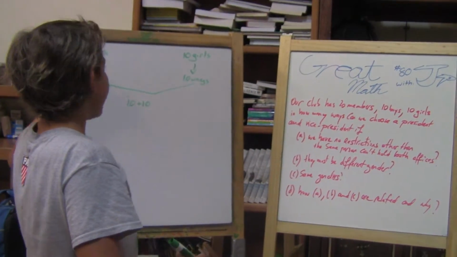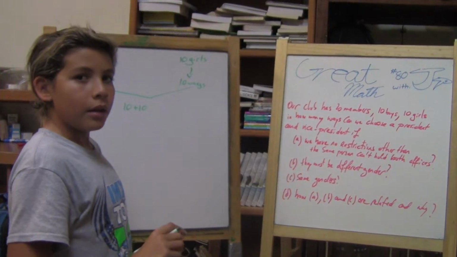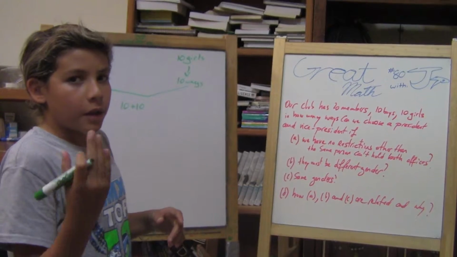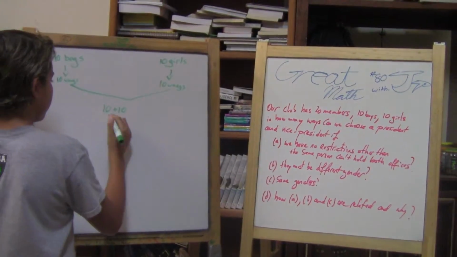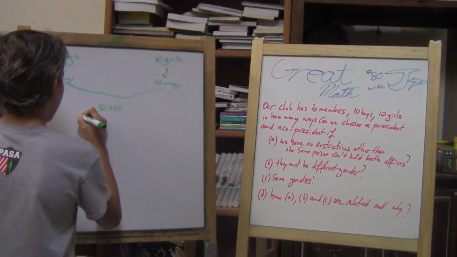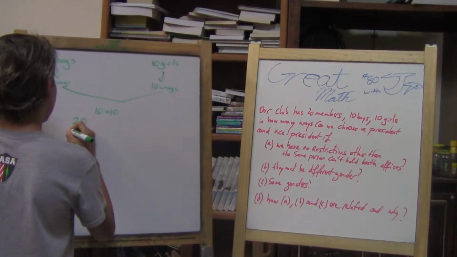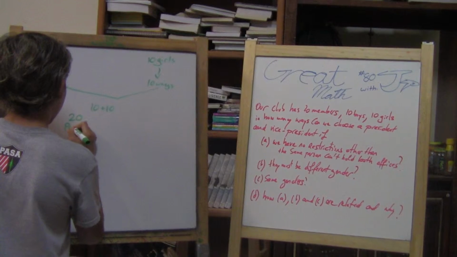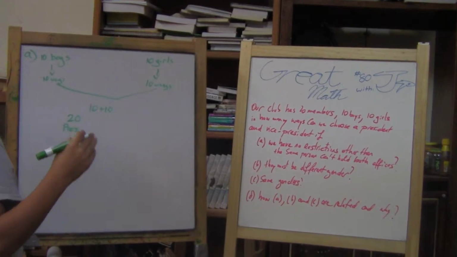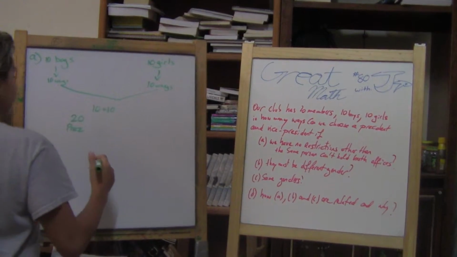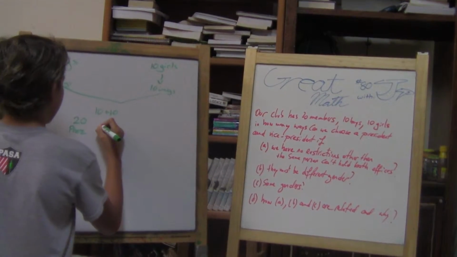That's why I also added each boy together. So we got that. That means we have 20 people running for president. Or, in other words, there can be 20 possibilities for a president.